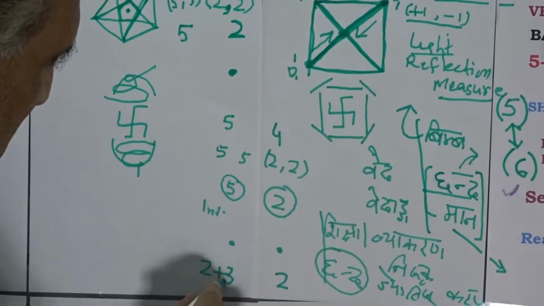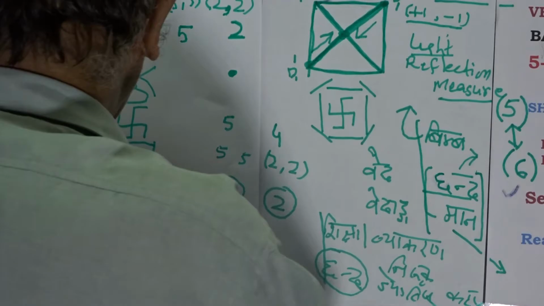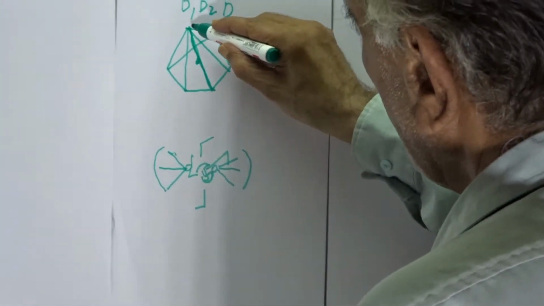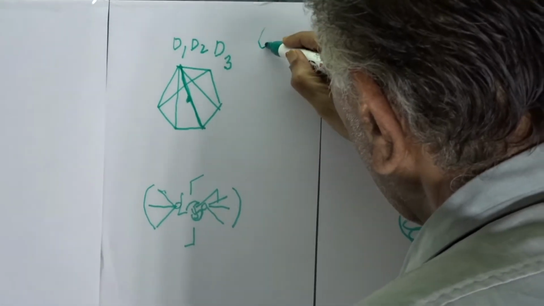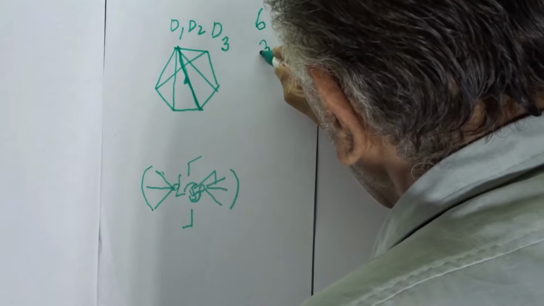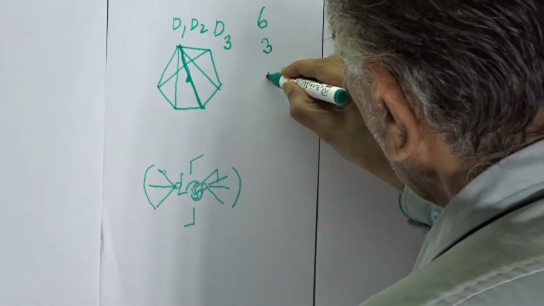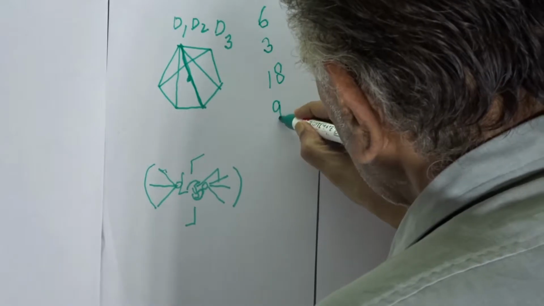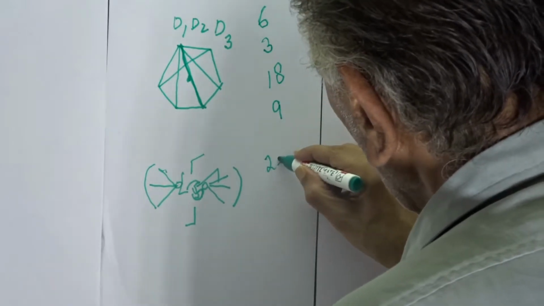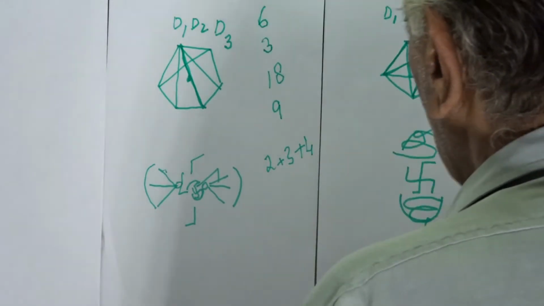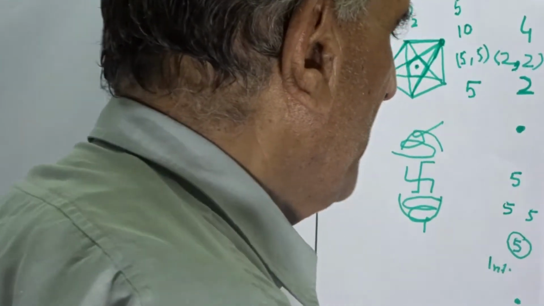Now if we go a step ahead to a hexagon, the hexagon has 6 sides, and from each corner there are 3 internal diagonals, and these make 18 diagonals, and these make 9 pairs of diagonals, and the value 9 is equal to 2 plus 3 plus 4. This is the feature which shall be captioned.